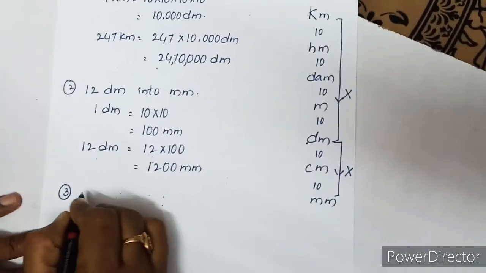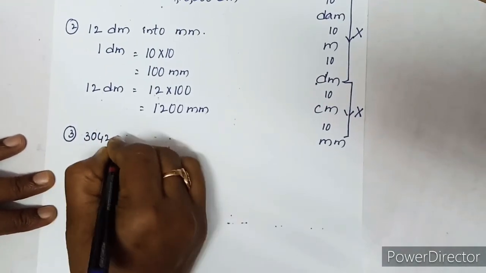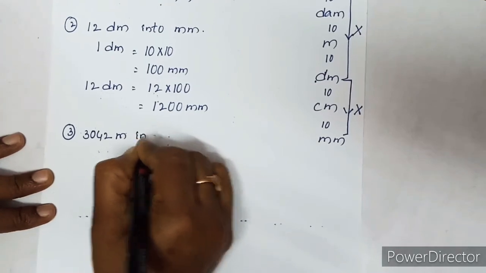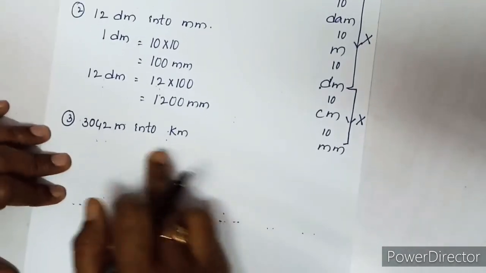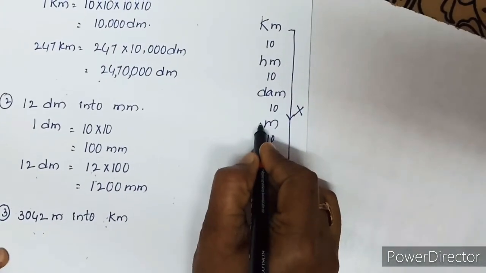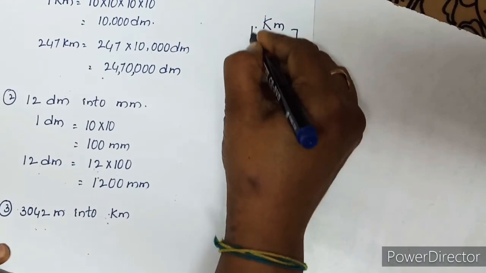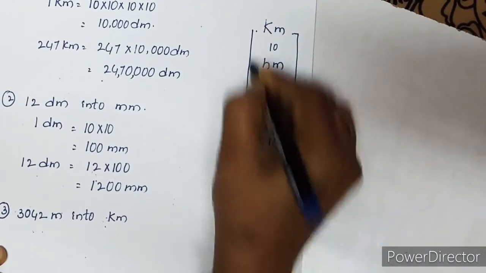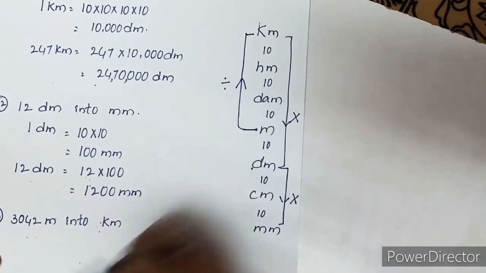Just see: 3042 meters into kilometers. How to convert? Where is meter? This is meter. Meter to kilometer we need to convert. So that means we are moving up. When we are moving up, as I said, you need to divide.